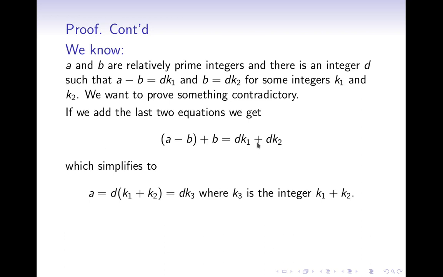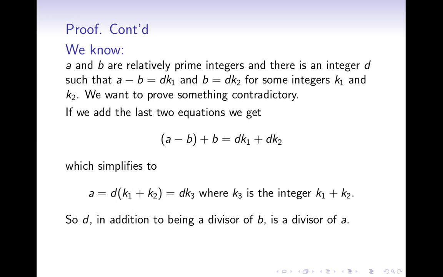On the right-hand side, we can factor the d out. A is d times k1 plus k2. And now, as shorthand for k1 plus k2, we use k3. So a is d times k3, where k3 is the integer k1 plus k2. As usual, we know k1 plus k2 is an integer because the integers are closed under addition.